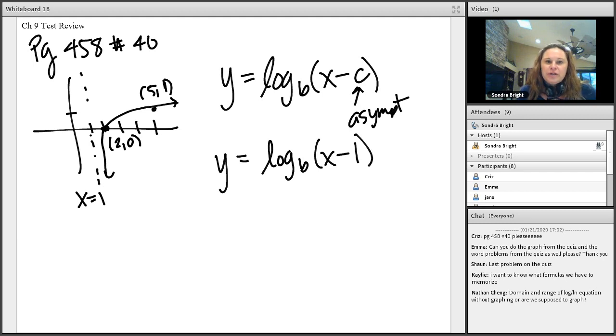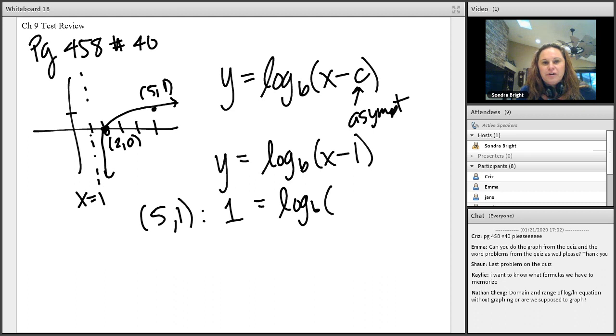Then use any point, but not the one that's on the x-axis, because you'll get something that's always true. You're going to plug in the point (5, 1), which means you plug 1 into y and 5 into x. And then you can solve for your b.